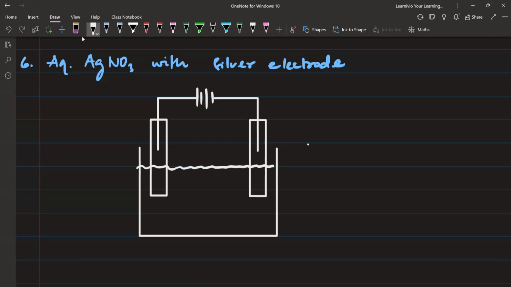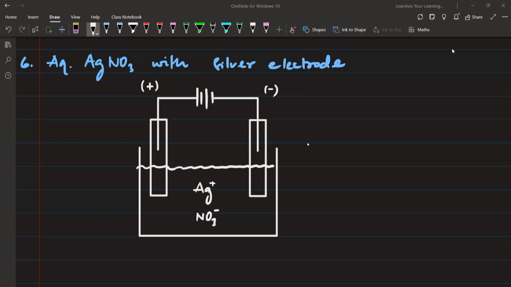Okay, see. Here we have Ag positive and NO3 negative. This is your positive terminal, this is your negative terminal. But the Ag itself, the silver electrode, is reactive. And what will happen when you add a metal in the solution of its own salt?